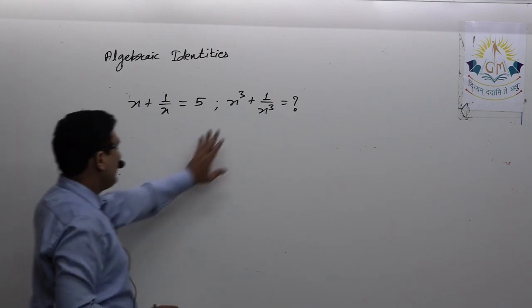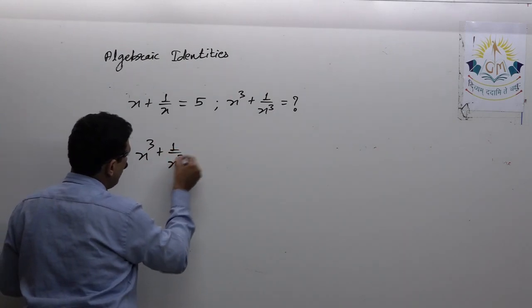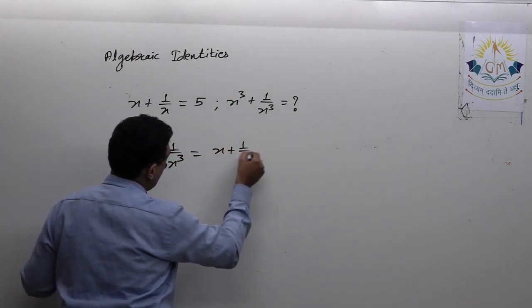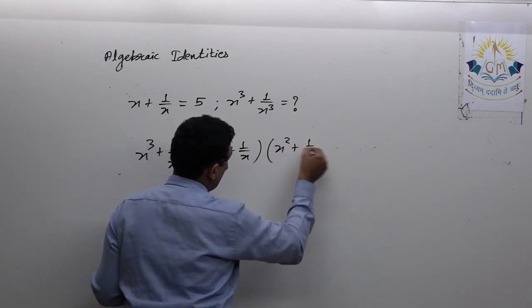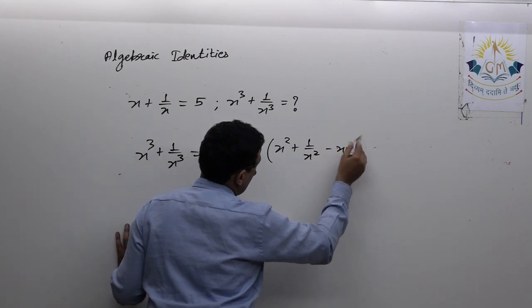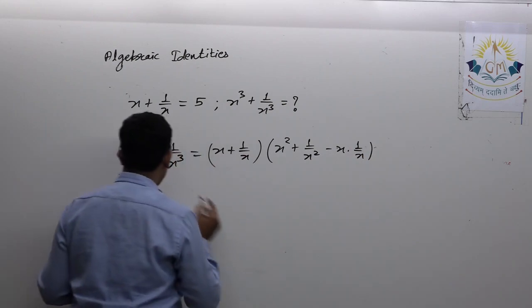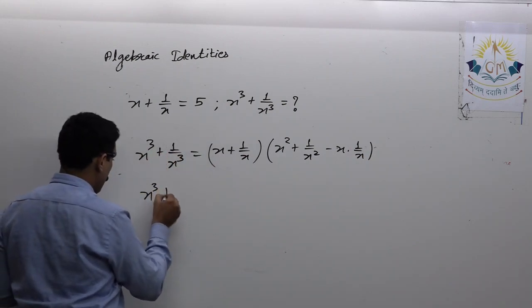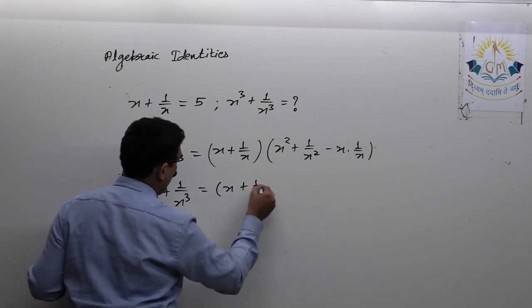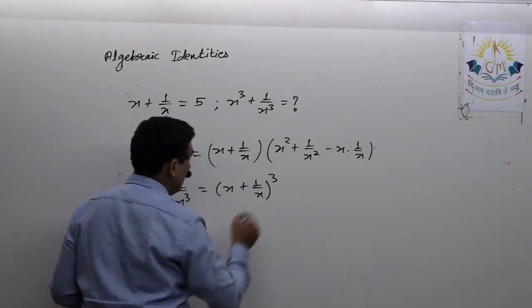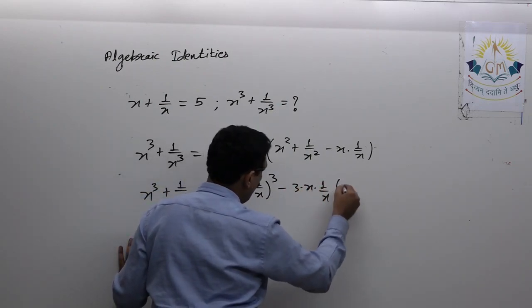Again, here is the identity of a cube plus b cube. a cube plus b cube is equal to a plus b times a square plus b square minus ab. This is one way we can find the value of x cube plus 1 upon x cube. We have one more way, that is x cube plus 1 upon x cube is equal to x plus 1 upon x whole cube, like a plus b whole cube minus 3ab into a plus b.